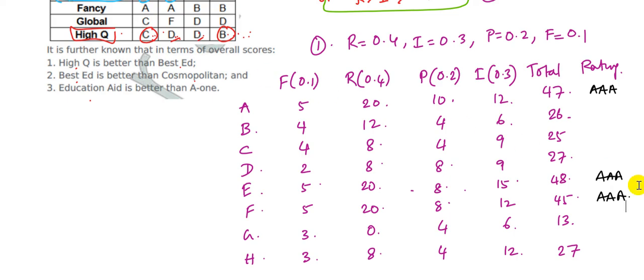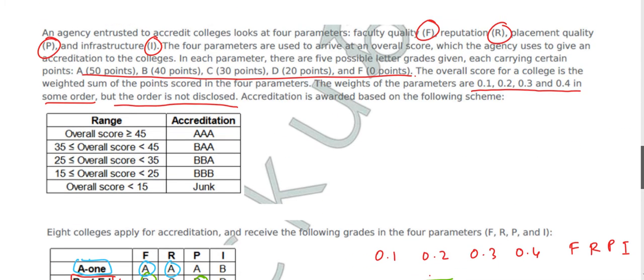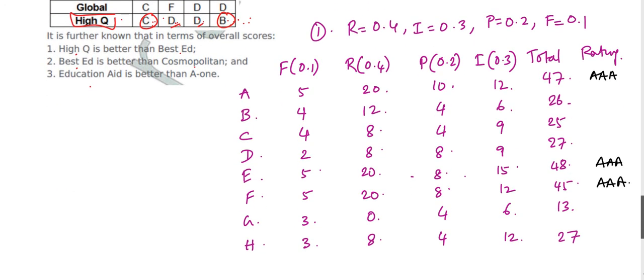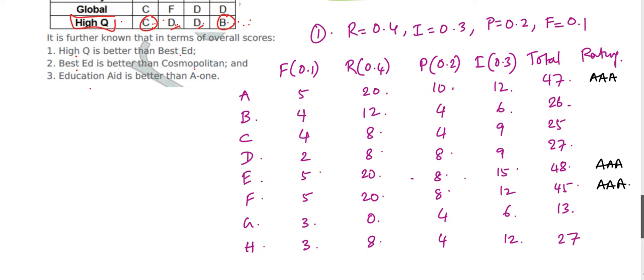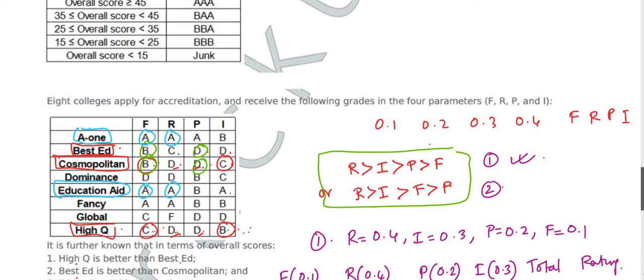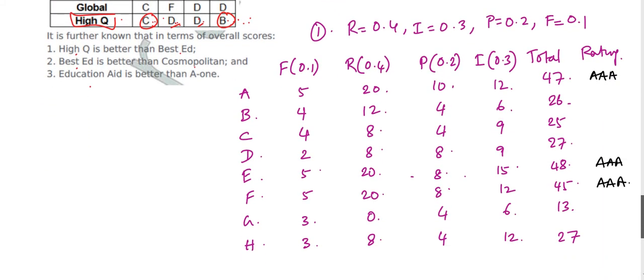Then between 35 to 45 is BAA. 35 to 45 we don't have anyone. Okay. Then 25 to 35 including 25 is BBA.